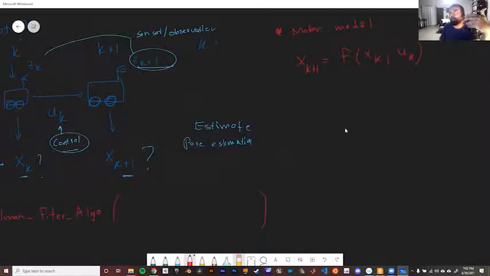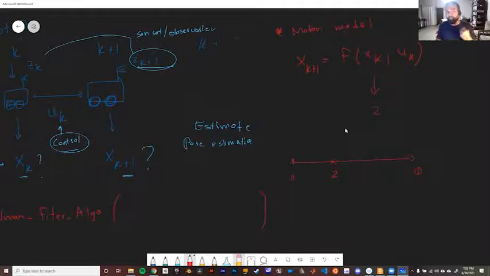So for example, let's say you're in a 1D scenario, and the robot is here at 2, and here is 0. So xk is going to be 2. And then uk is the control command. Typically the control command will be something that you can measure using your encoders or IMU, something that measures the motion and gives you the feedback for the control.